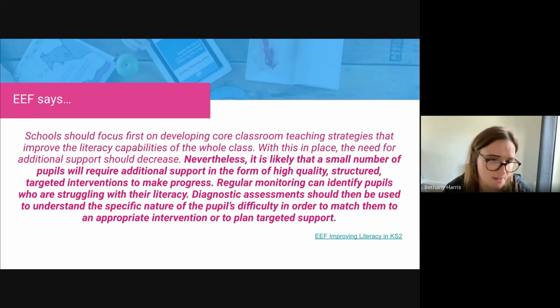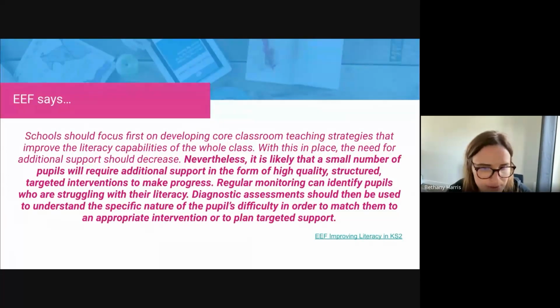They also have an intervention strategy, and lots of what we'll talk about today comes from that too. So when you're thinking about interventions, really you've got to think about developing that core classroom teaching first, so that the literacy capabilities of the whole class can really come out. And then with time, the need for any additional support should decrease.